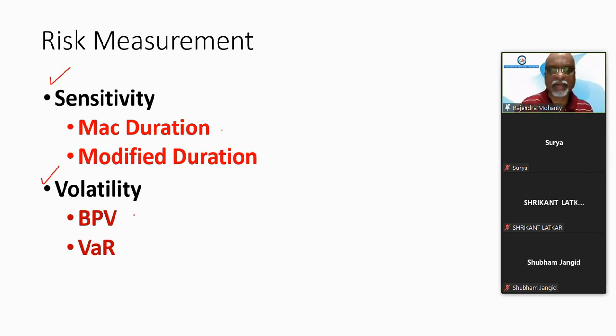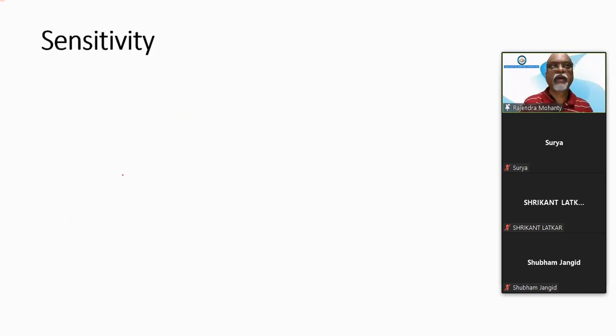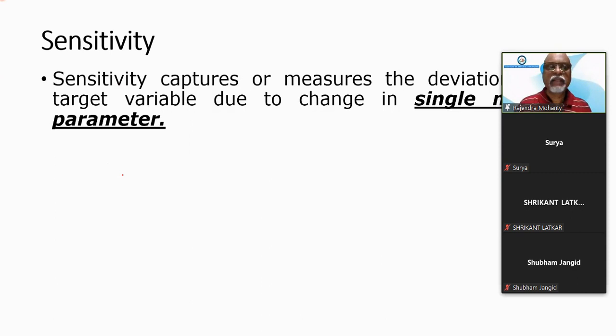In the volatility method, again two things are calculated: BPV or basis point value, and VaR or value at risk. I will discuss them one by one. Be careful and focused so that it will be easier to understand. Okay, now, what is this sensitivity?